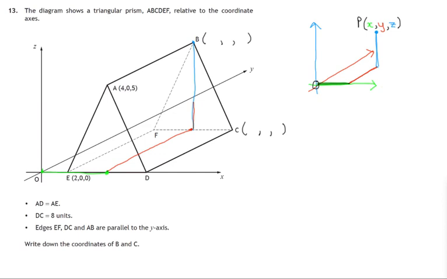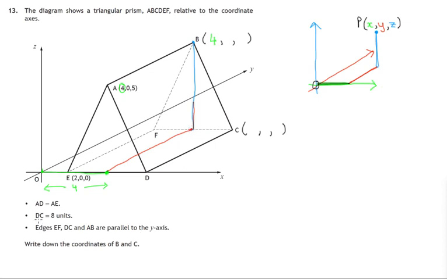So let's look at the x-axis. From there to there, this is directly under the point A, where the x-coordinate is 4. So we've travelled from the origin to this point 4 units. So that's our x-coordinate of the point B. Next, how far have we travelled parallel to the y-axis?